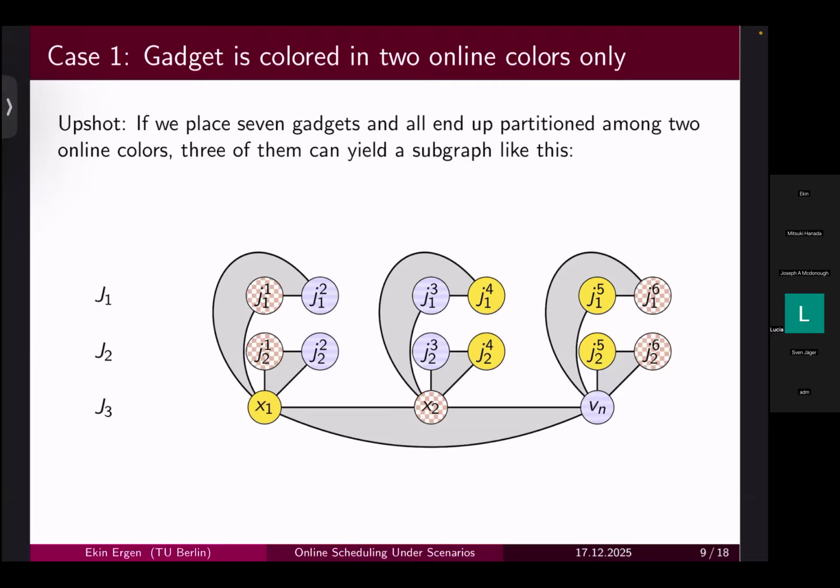Now the algorithm has to create a monochromatic edge, no matter which online color it picks. In the picture, I put it to J3, for instance, then you see that x1, x2, and the last vertex create a hyperedge where all of the three vertices are assigned the same color, J3, by the algorithm.